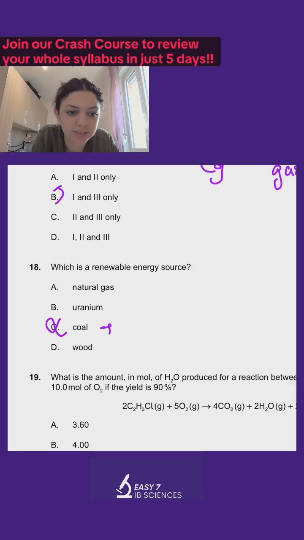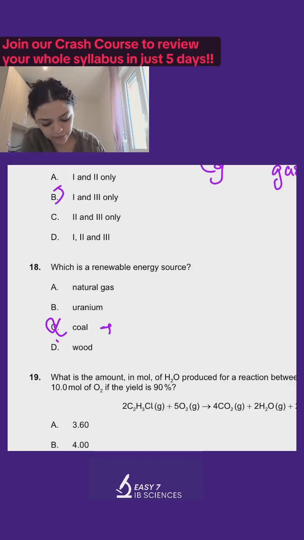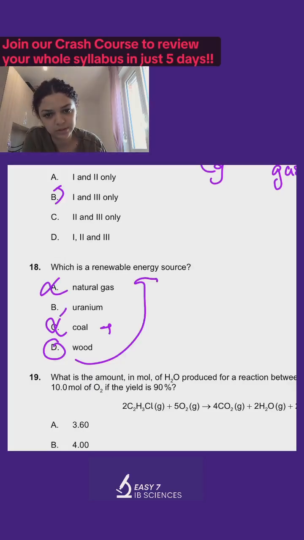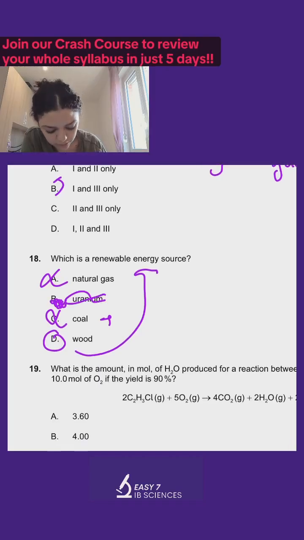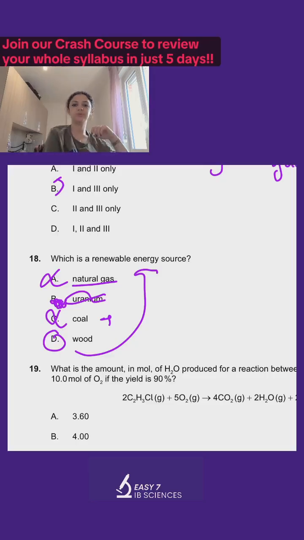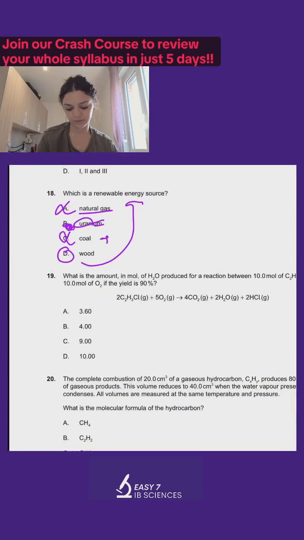Good. A lot of you are saying D, wood. Perfect. Exactly. Wood is a renewable energy source. Natural gases are not good energy sources, and this is just a trick one. Because uranium would actually be radioactive, which is not good at all. Natural gas, you would assume it to be, but actually it's not renewable. It can actually lead to more greenhouse gases. That's why wood is the answer.